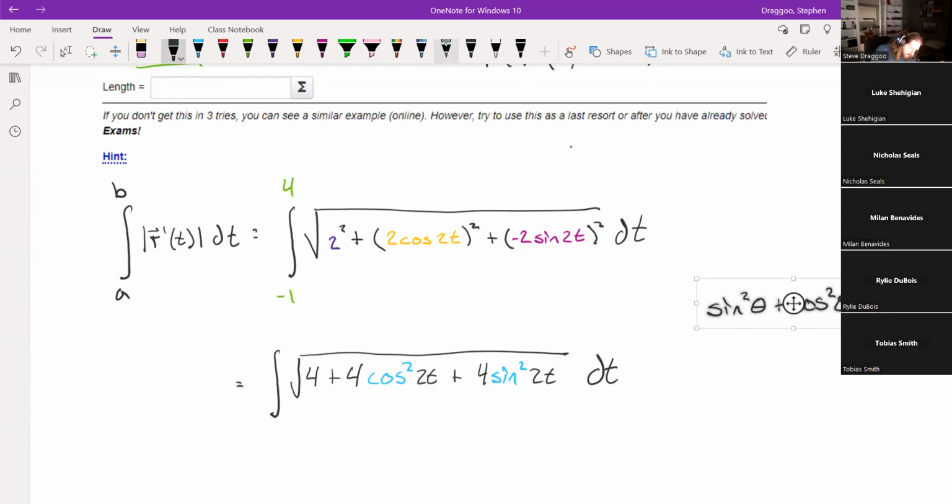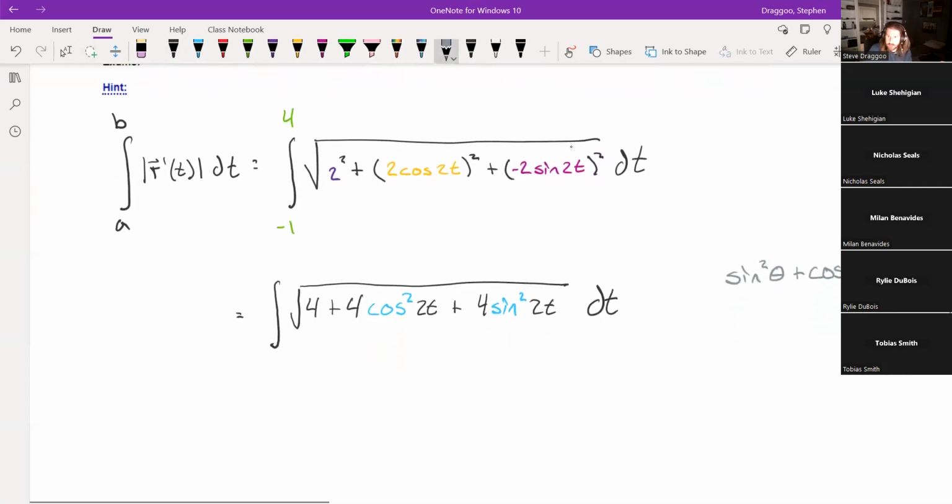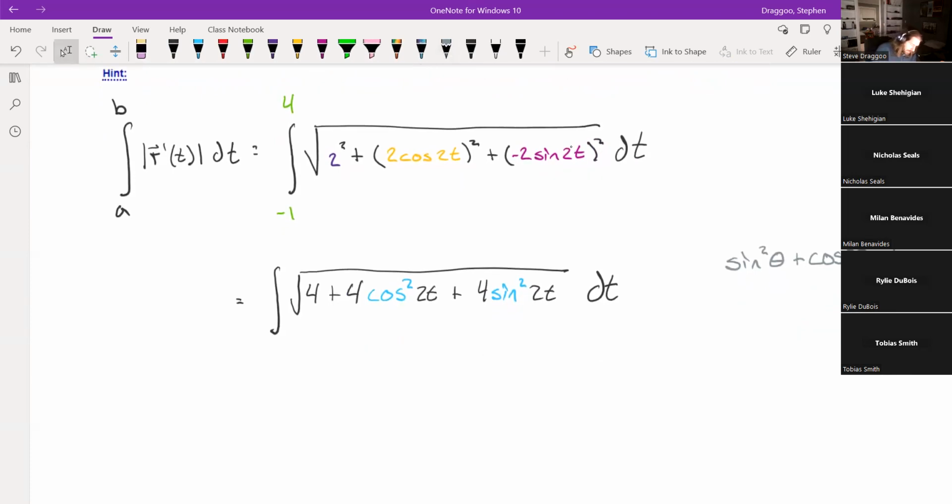You just have to make sure that the same angle is being plugged into both sine and cosine. But we have that. Our angle is 2t for both sine squared and cosine squared, which means that that entire inside of the square root is going to simplify ever so nicely to a number.